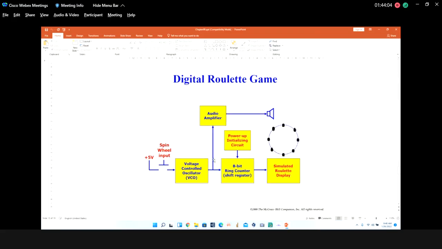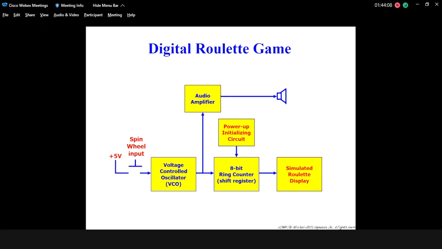And then about the digital roulette game. Normally this one you get what we call the spin wheel input. Let's say that this one is rotate, and this one is quite nice.